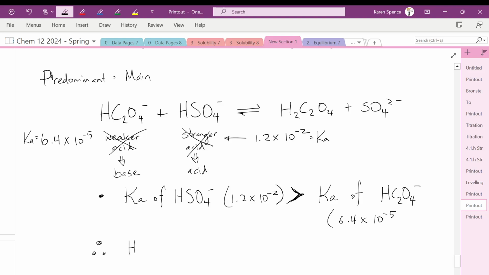HSO4 minus is stronger. In what sense? It is the stronger acid.